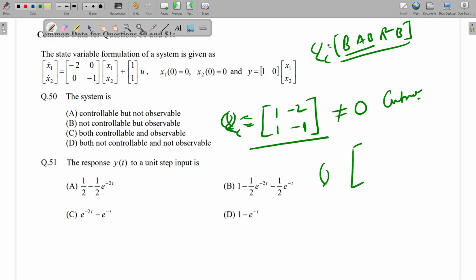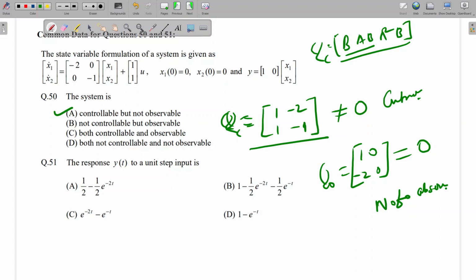So QO is equal to C, and C is 1, 0. And CA, C into A, will be minus 2. And the second term will be 0. So QO is equal to 0, so it will be not observable. So the answer will be A: controllable but not observable. Is it clear?